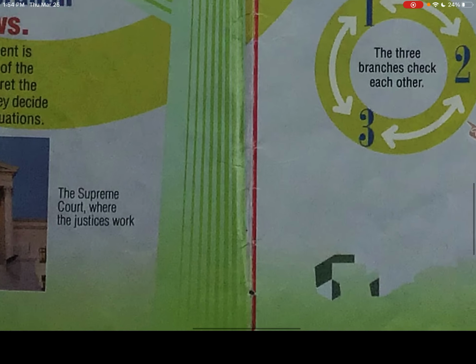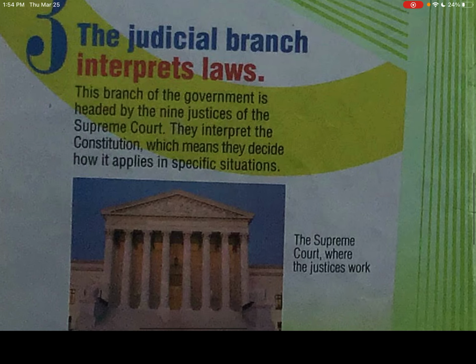The job of the Judicial Branch is to make sure that the laws that are made are constitutional. In other words, that they're legal. Okay? That's what I'm asking you to do with number 2.